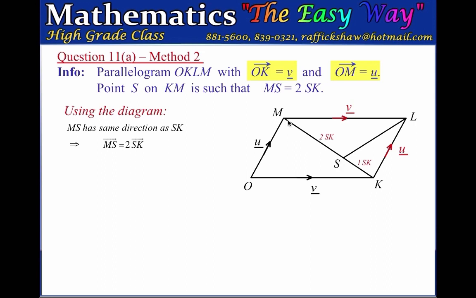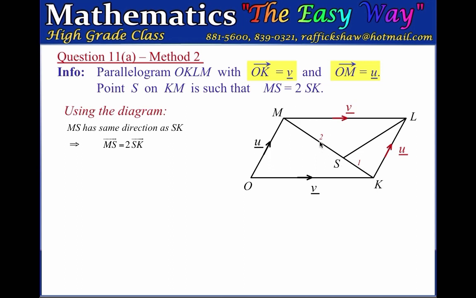The MS piece is equal to 2SK, and I'm saying that the SK piece is 1SK, and so if I remove the SK from here and here, I am left with the ratio of the line, and so the line by this equation is divided in the ratio 2 to 1, and so MS is 2 parts of the line MK and SK is 1 part of the line MK.